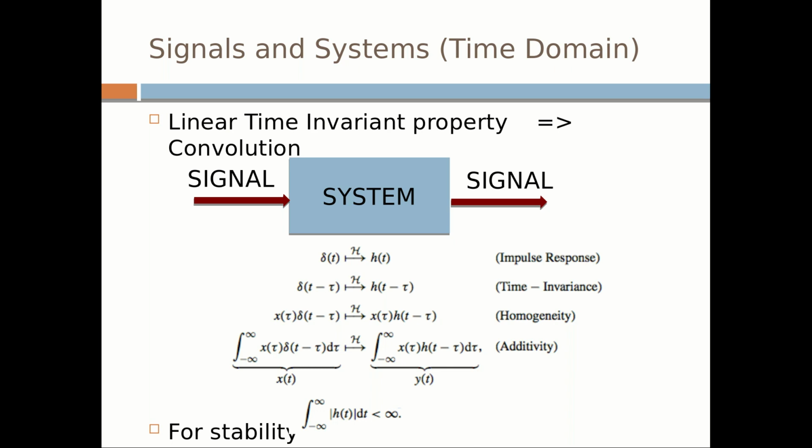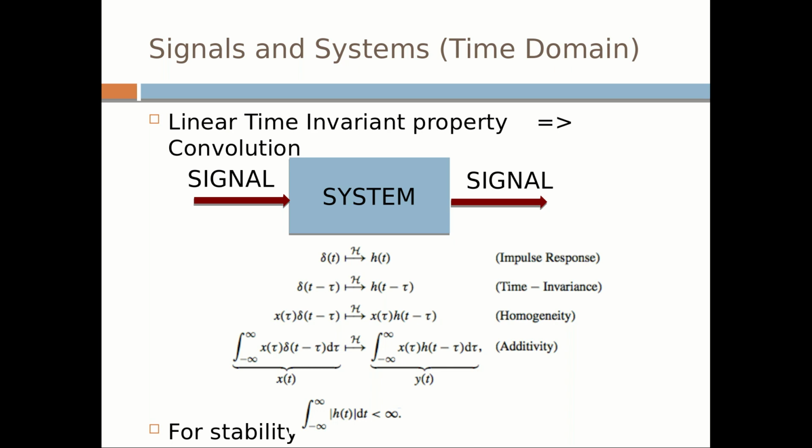The output of a system y of t given an input x of t is defined as y of t is equal to x of t star h of t, which means on convolving x of t and h of t, we get the output of an LTI system. Here, h of t stands for impulse response. Impulse response of a system is the output obtained when the input of the system is an impulse.